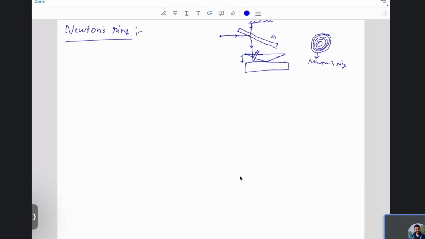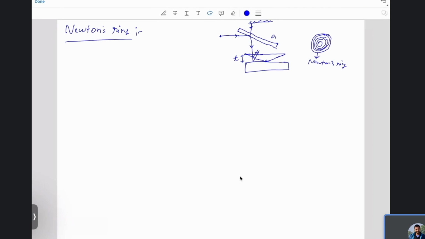So the thickness between this lens and the glass plate is denoted by t, and then this is the radius of the ring. Suppose this is the center, and this is the radius of the ring.